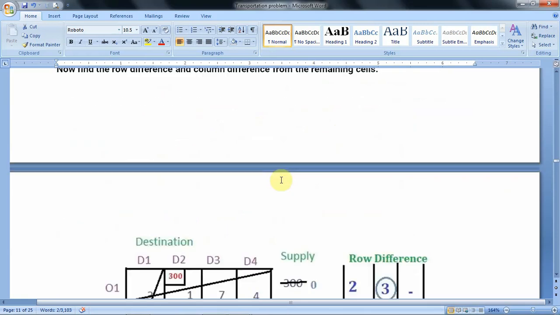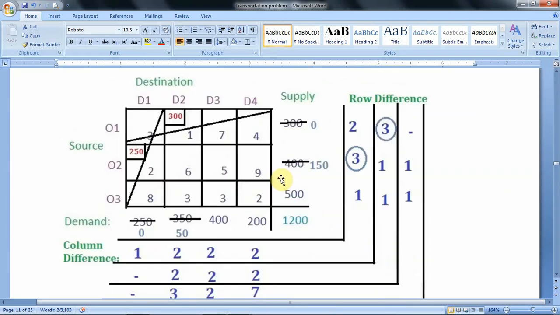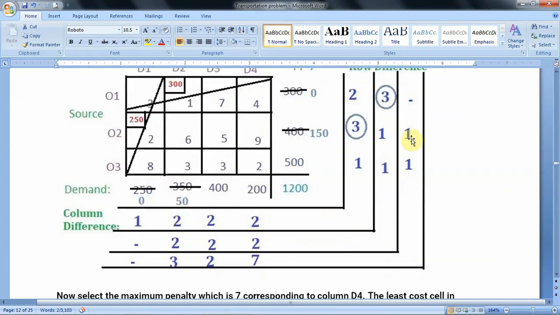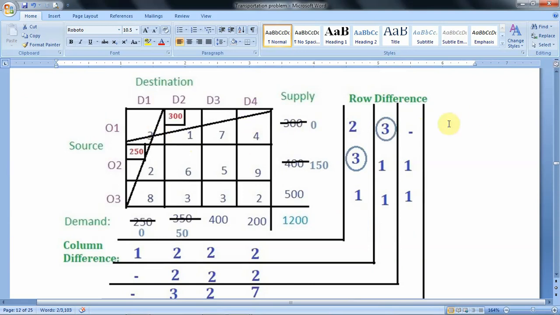Now we go to the next round. This row is over, so next write the penalties again. In the second row, 6 and 5, difference 1. 3 and 2, difference 1.